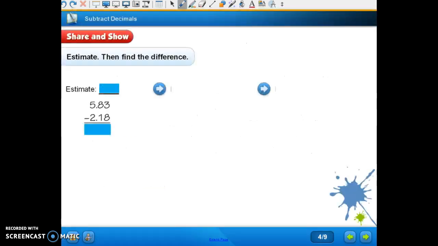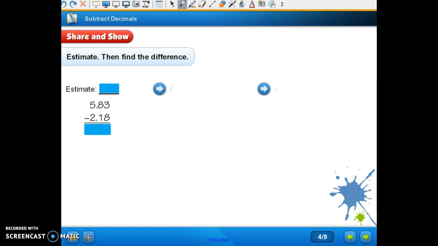Okay, we're going to go on and move to the bottom of the page to the share and show. This is problem 1 on the bottom of 140. 5 and 83 hundredths minus 2 and 18 hundredths. And first they want us to estimate.